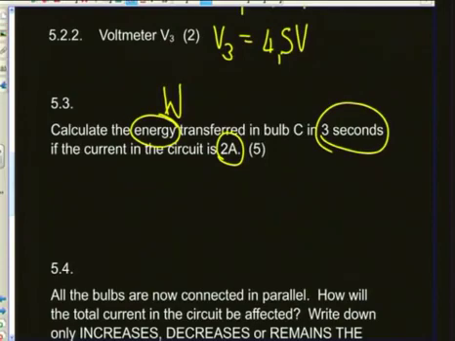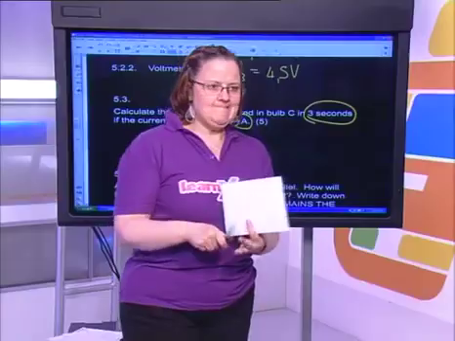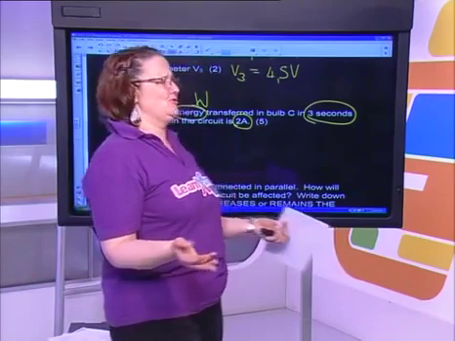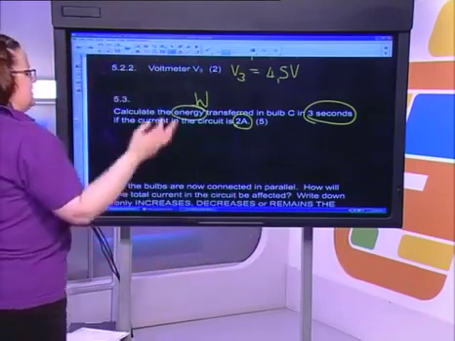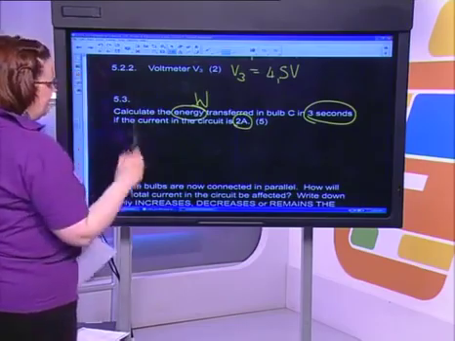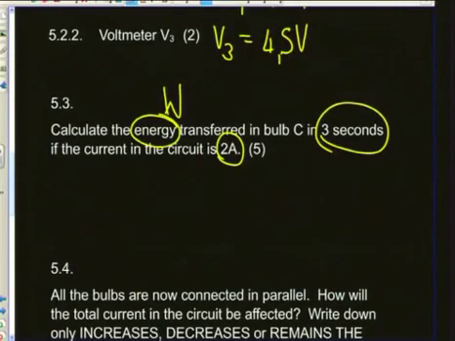Well, this is an interesting question because the current in the circuit isn't 2 amps. The current in the circuit is 1.5, but take it as it's given to you. You have to calculate energy transferred. Now, they want W. They're telling you in 3 seconds if the current is 2 amps.